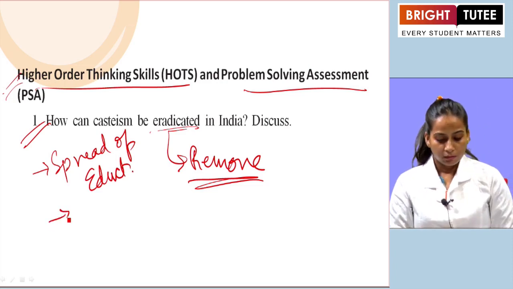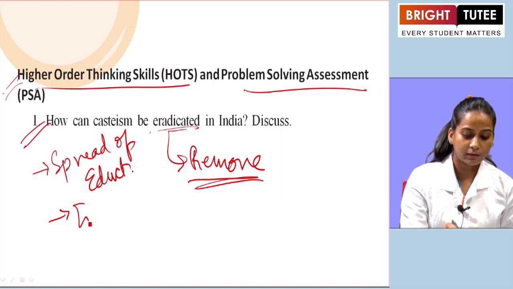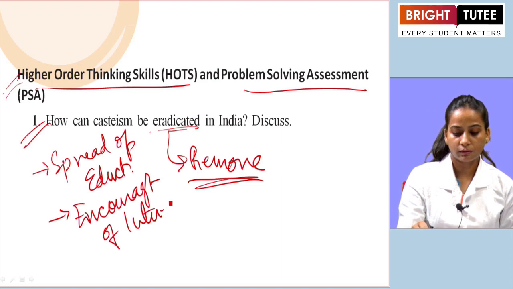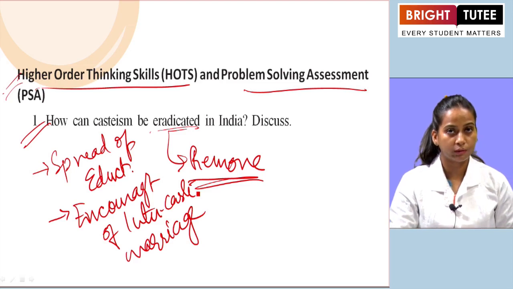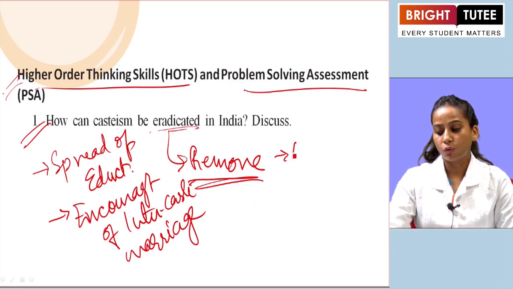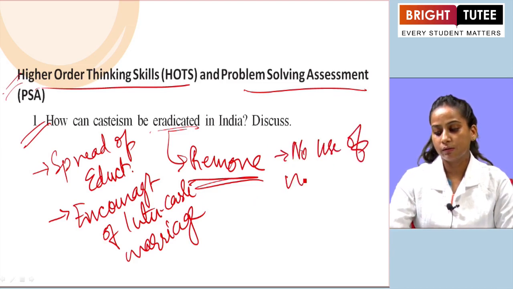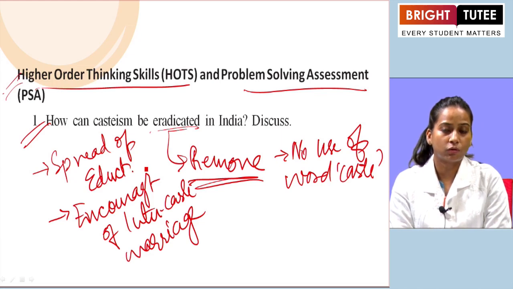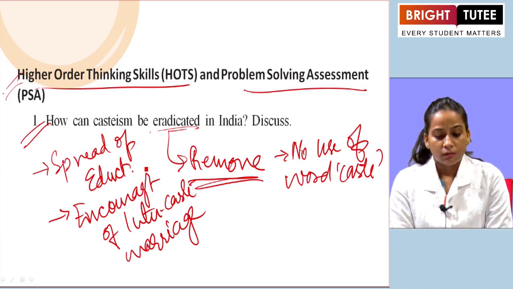Secondly, we can mention that encouragement of inter-caste marriage is also going to play an important role in that. Thirdly, we can say no use of the word caste, because the caste term we are talking about is a symbol of inequality and the disintegration and the disharmony in the society.